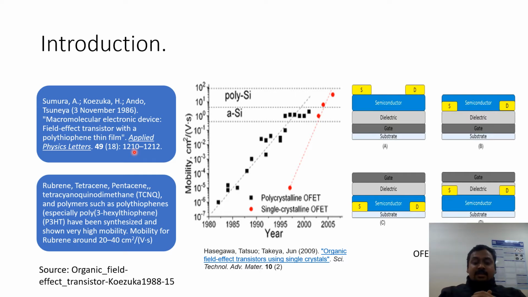Polythiophene was the material they first grew. They could use this polythiophene layer for transference of the charges. So that was a basic p-type.